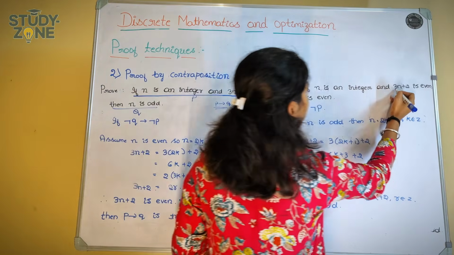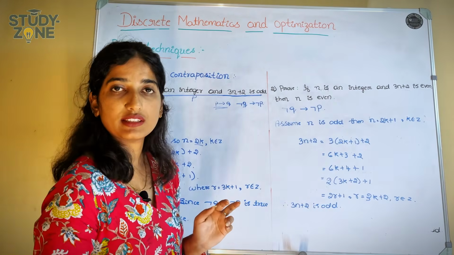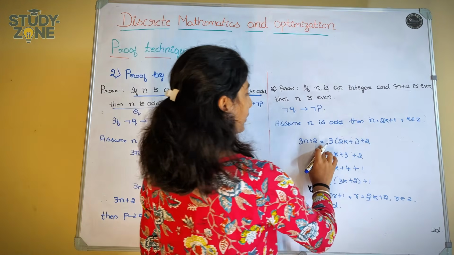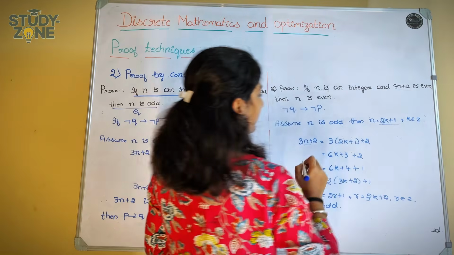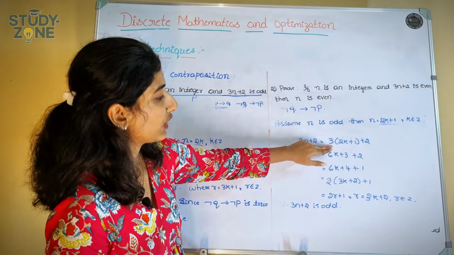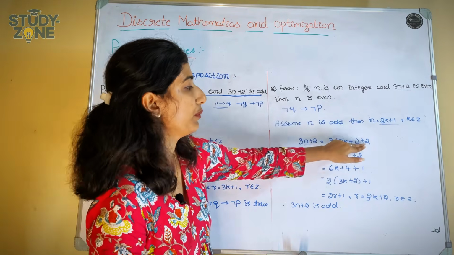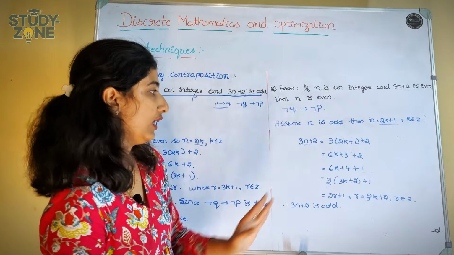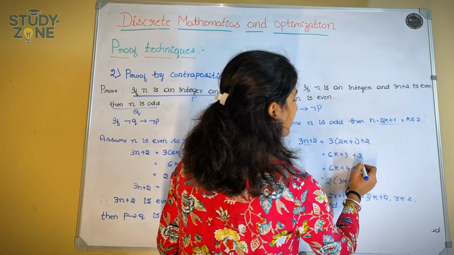Now we have the same thing, 3n plus 2. In place of n we have the odd integer, 2k plus 1, so 3 into 2k plus 1 plus 2. 3 into 2 is 6, so 6k plus 3 into 1 is 3, plus 2. Clear? Now for an odd number, what do I need? I need plus 1 in the end.